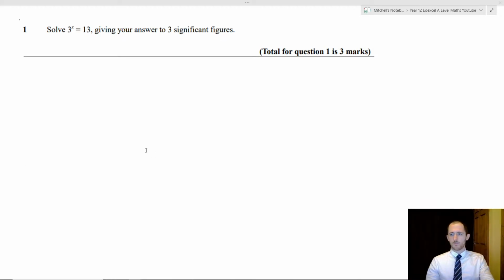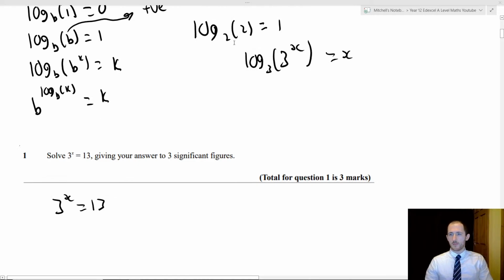We have 3 to the power of x equals 13, and we have to find the answer. Using what we had before, we can apply log to the base of that power.